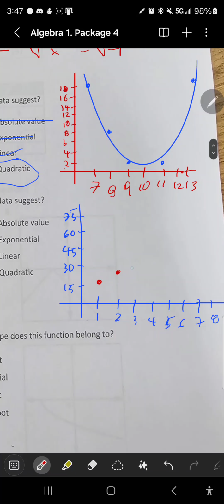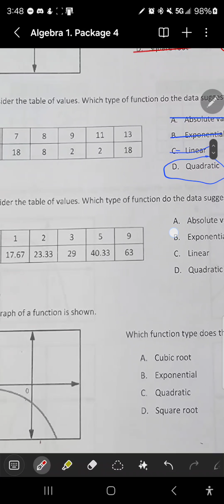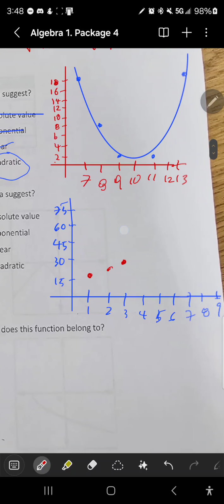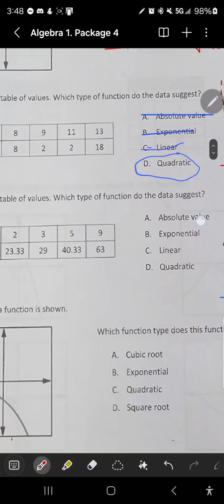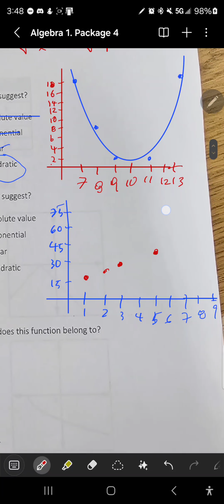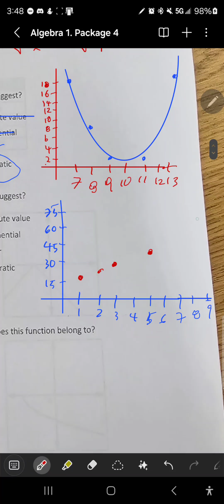Three with 29, more or less. Five with 40. And 9 with 63.